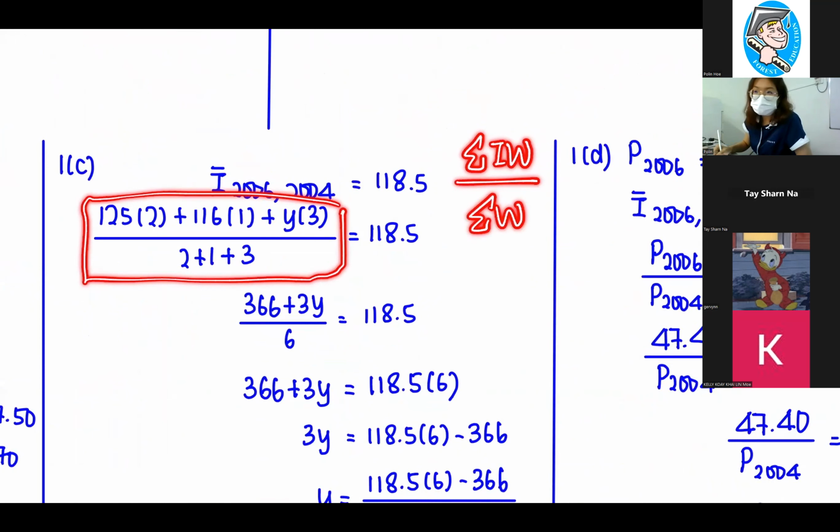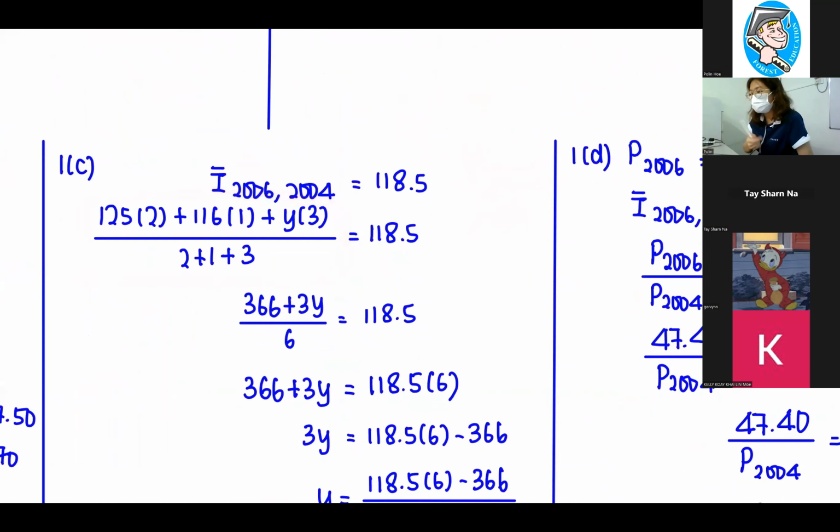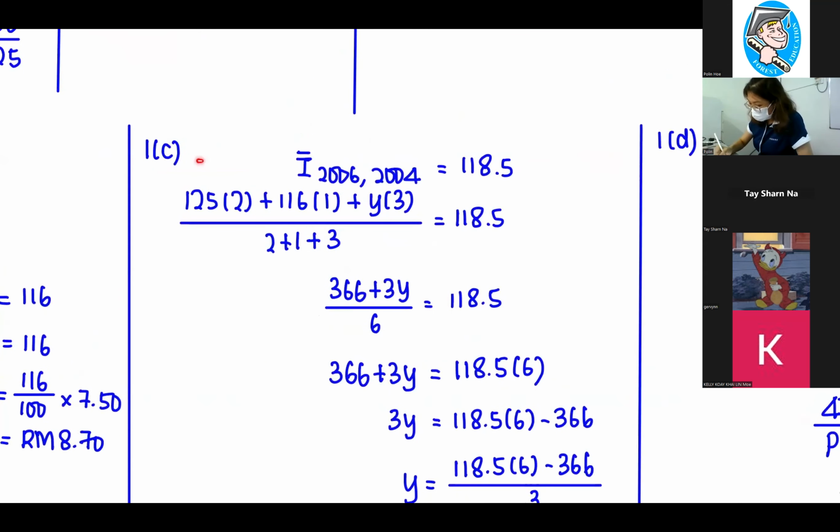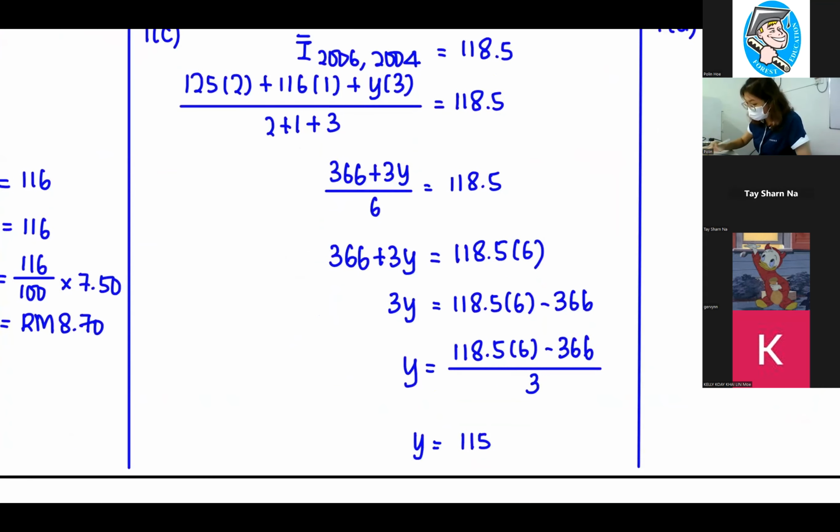For over 30 years, because in KBSM, when I was a student, they already wanted this. This is I for item P, this is W for item P, I for Q, W for Q, I and W for R. After that, the total, you add everything.